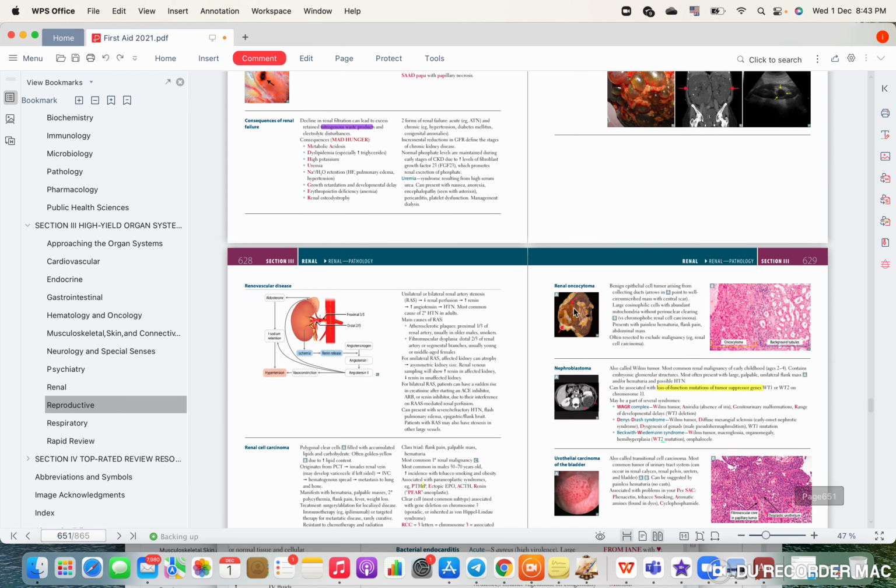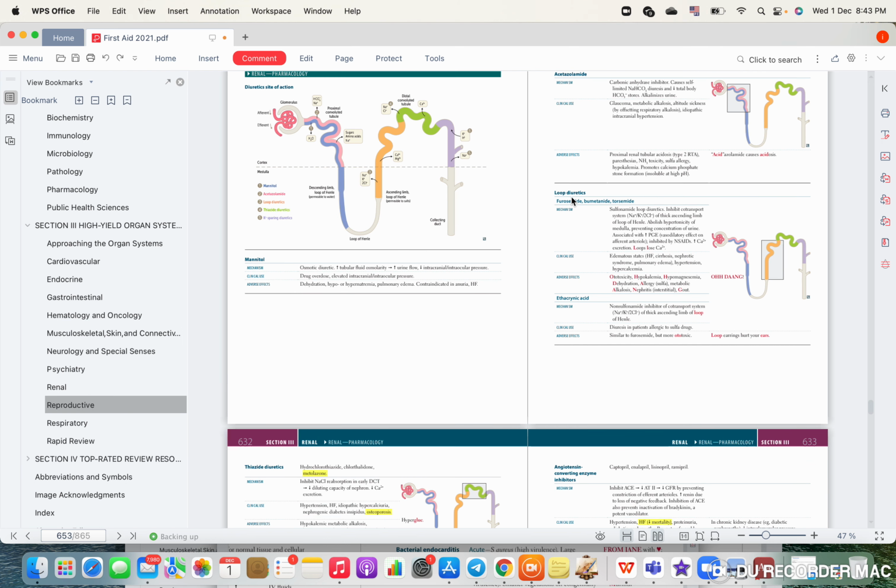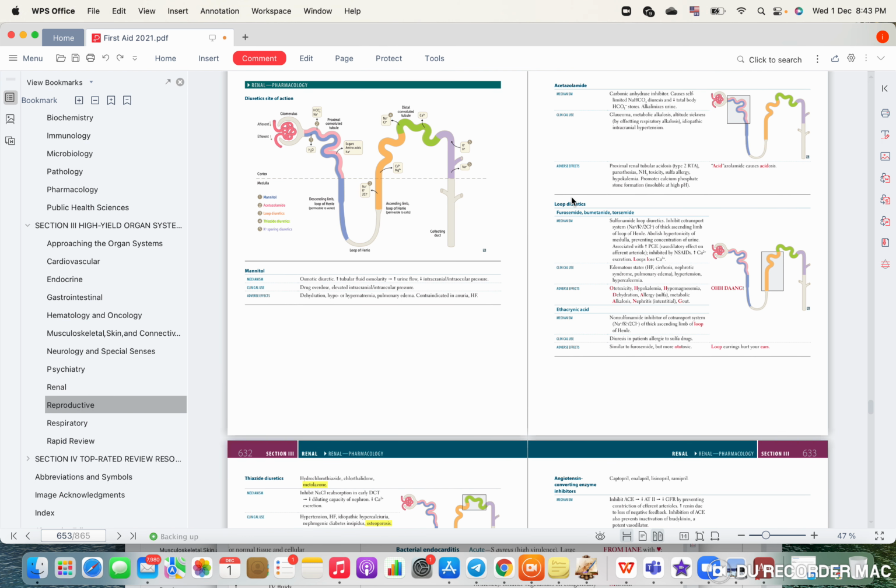Okay, so let's take a look. Speaking about the loop diuretics, can you tell me please, what is the function of the loop diuretic on calcium? Do they reabsorb it or excrete it? They excrete it. Okay. Is loop a sulfa drug?